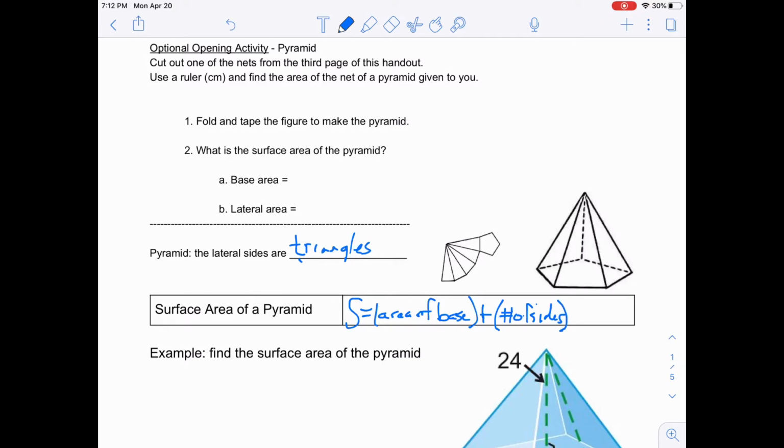So the number of sides times the area of a triangle face. Okay, so that gets us our surface area of a pyramid.